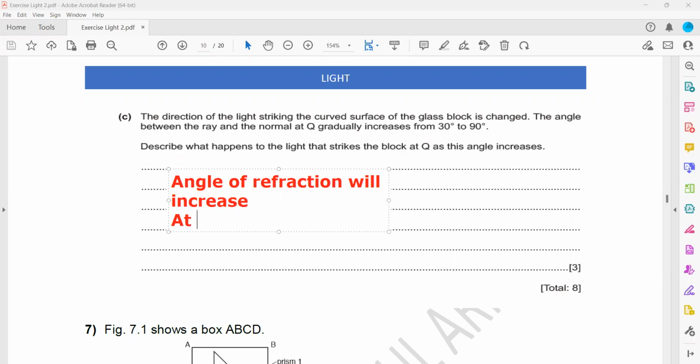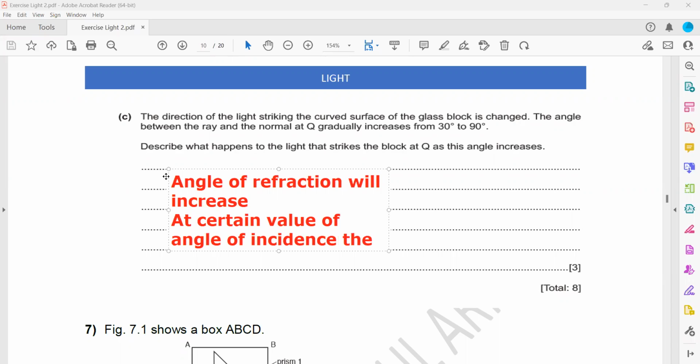And at a certain value of angle of incidence, the angle of refraction will be 90. And that is known as the critical angle.